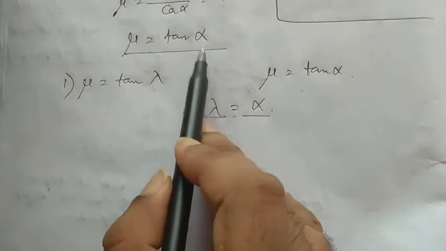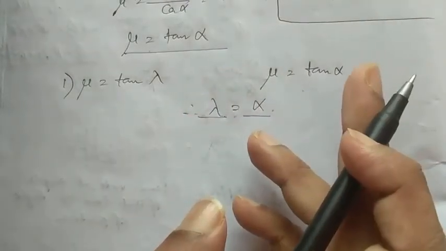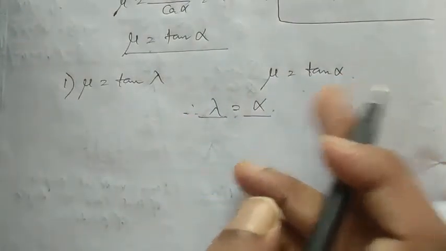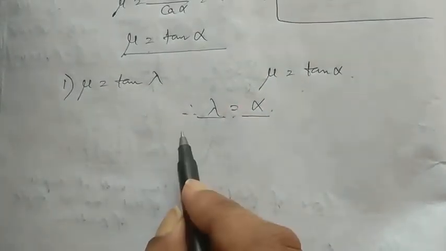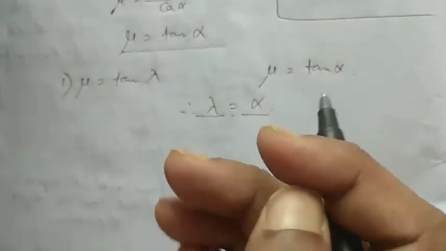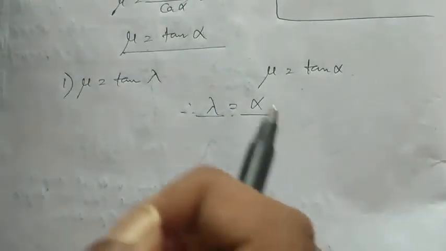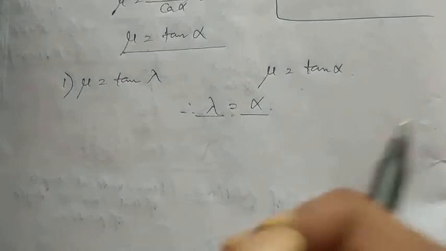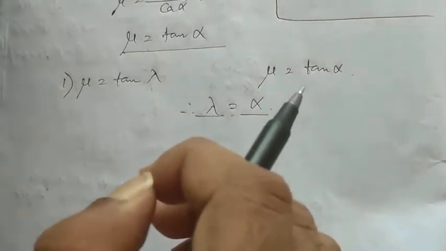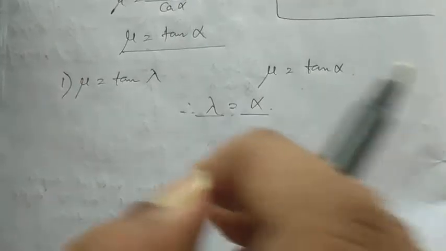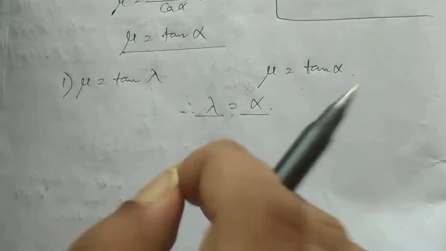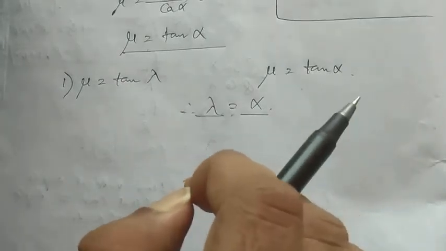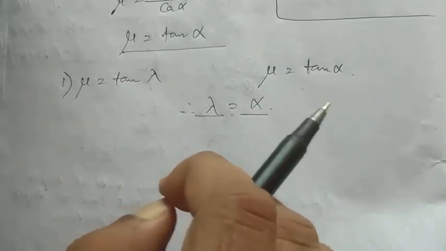Now, the use of this angle of repose in the mathematical problems is that whenever we are given a problem where the value of mu is not given, instead the value of alpha, the angle of repose, is given, then we have to find the tangent of that value, that is equal to mu.